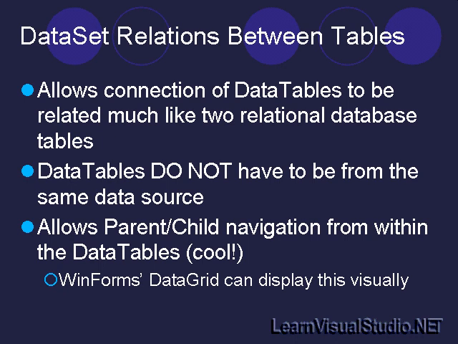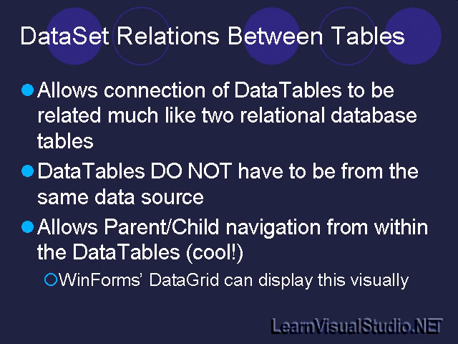So that's a very neat, useful, and flexible way to manage the data that you have. It also allows for parent-child navigation from within the data table. You can have a set of, say, orders and order items, with both of those tables in your data set.